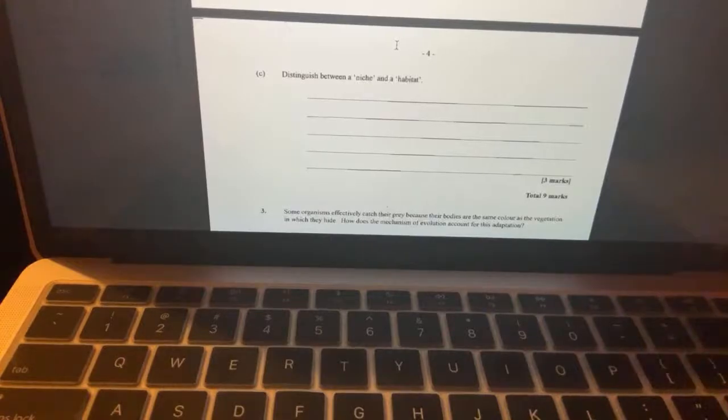So those are not the differences. Mind you, these are their definitions, right? What is different about the habitat and the niche? Anybody can attempt that in the chat. So don't use definitions to distinguish between two words. What is different about them?